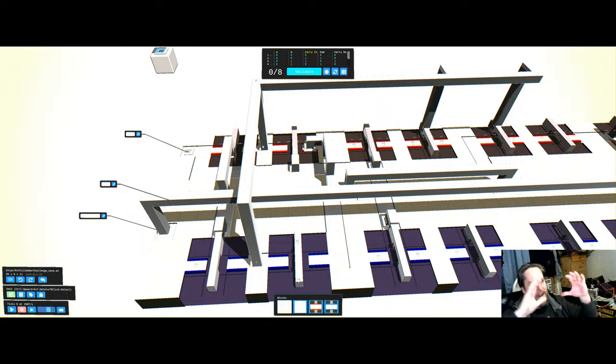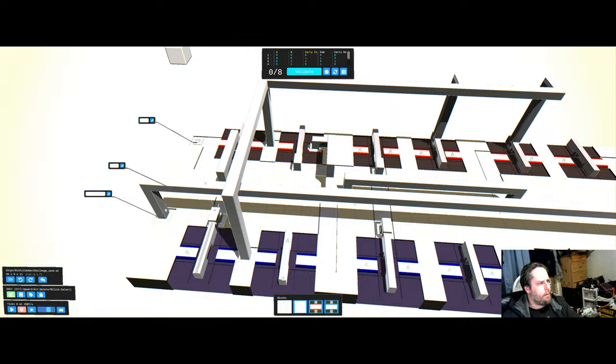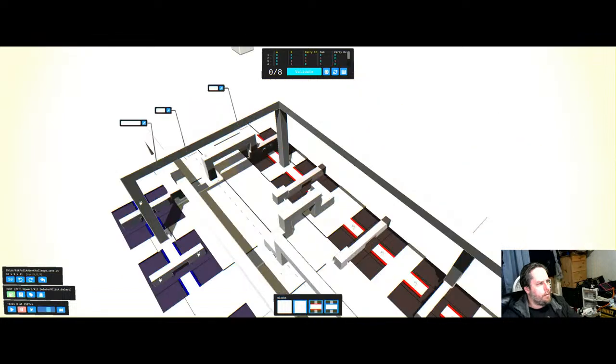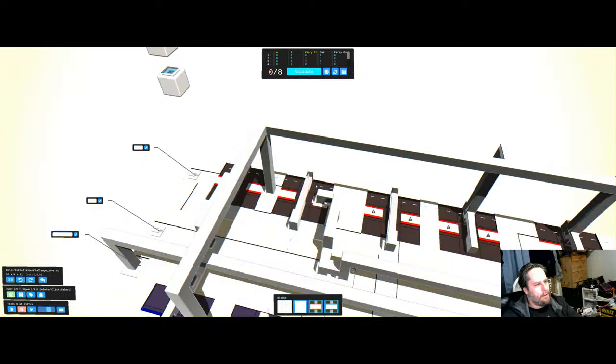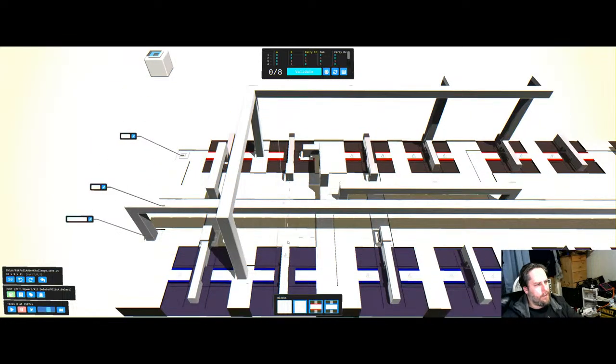So I will most likely mush those guys together, because the only rails that are shared are these rails here. So I think it'll be more beneficial to mush them east and west, because the north and south for these guys, that won't work.